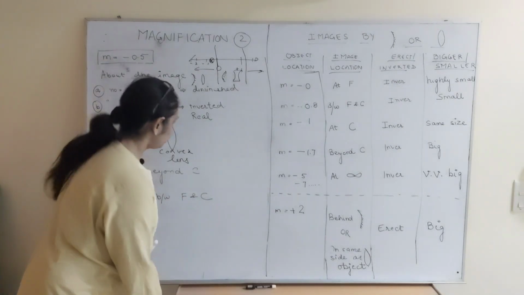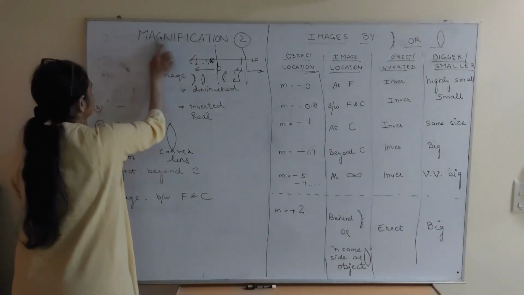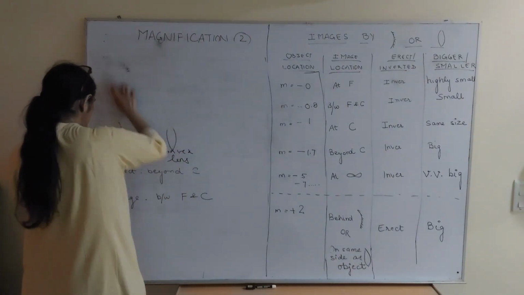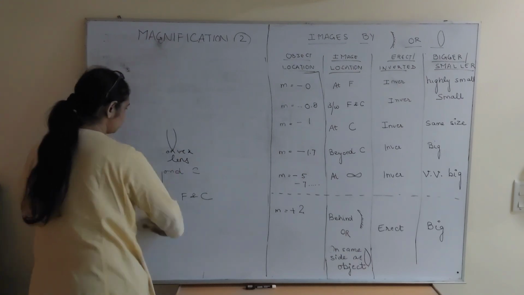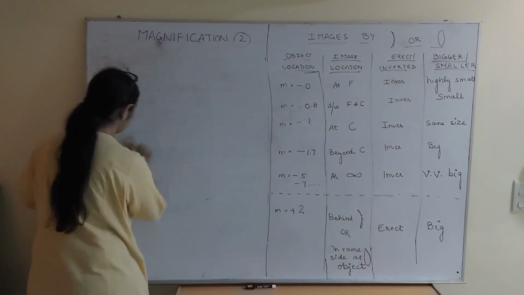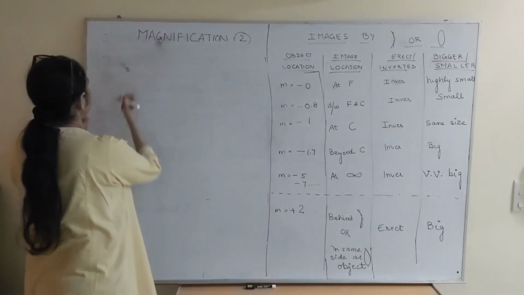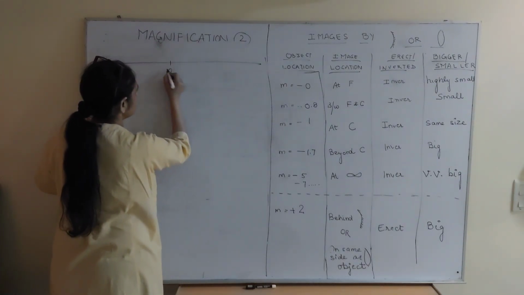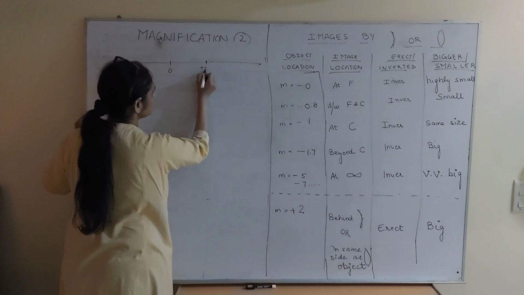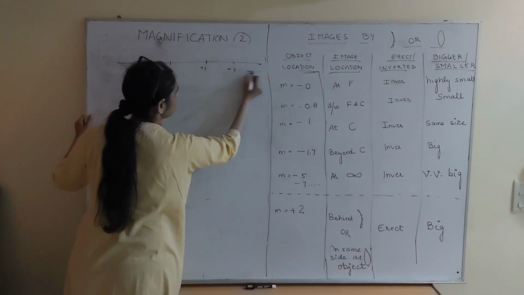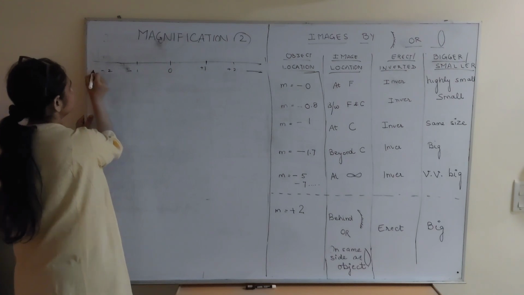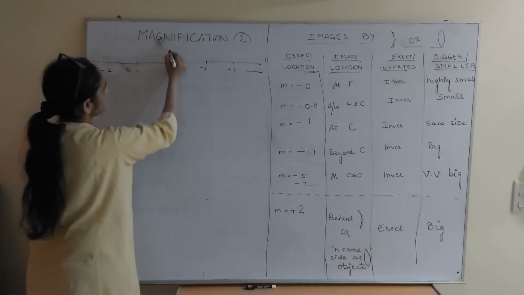Okay. Now we'll take one more example. Quickly, we'll keep this handy. This diagram needs to be handy because that is one area which causes confusion. The number line. This is 0. This is +1, +2, and so on. This is -1, -2, and so on.